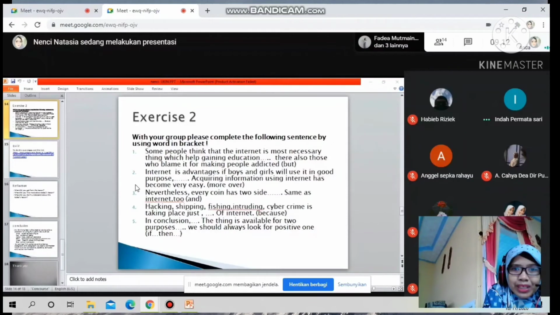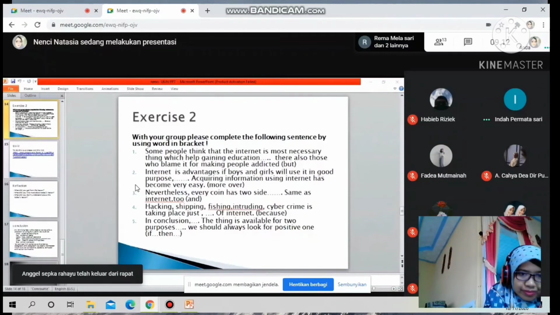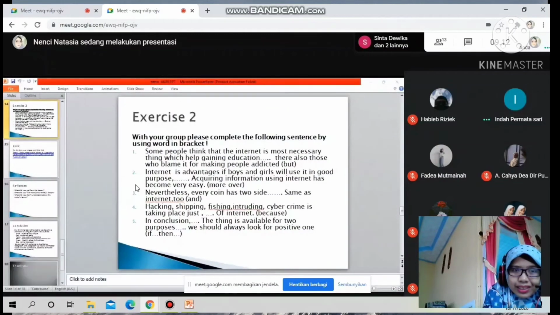With your group, please complete the following sentences by using the word in brackets. Any question about your exercise 2?